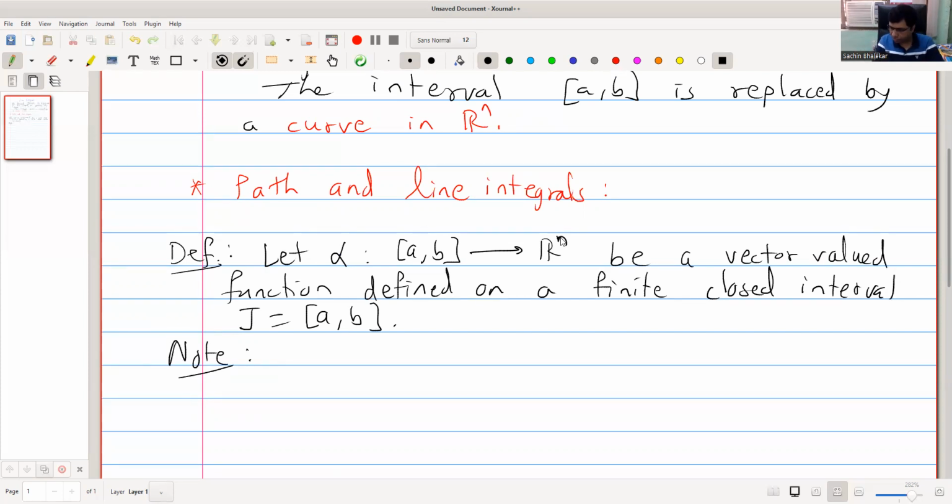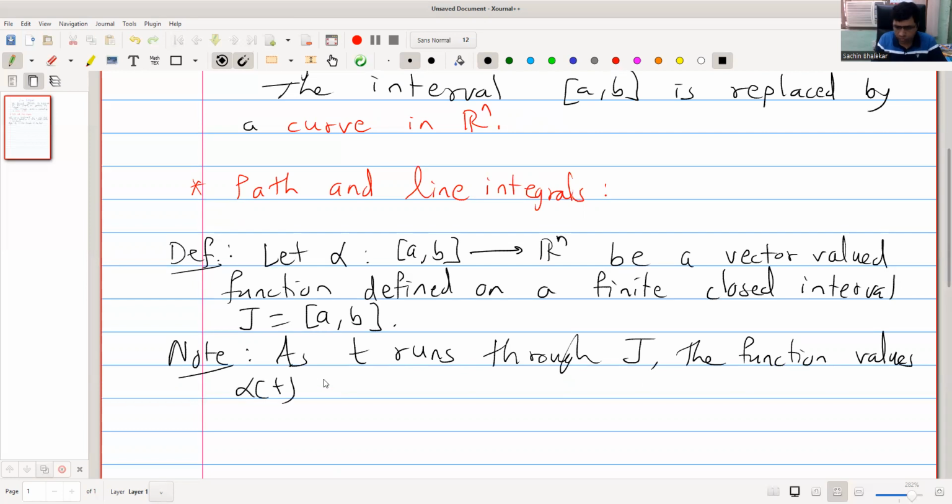As t runs through J, the function values alpha of t trace out a set of points in Rn called the graph of the function alpha.